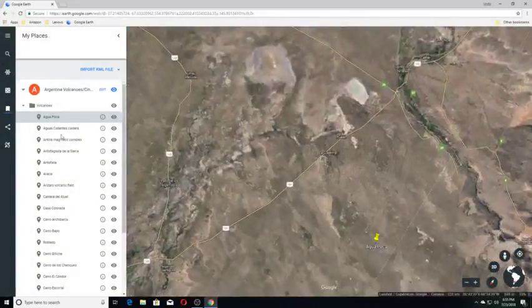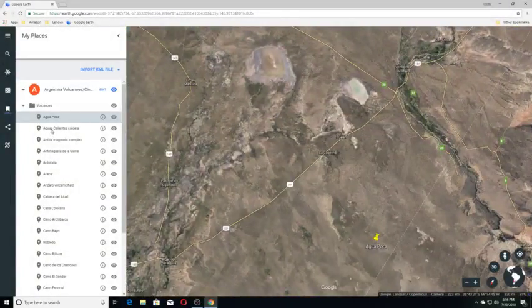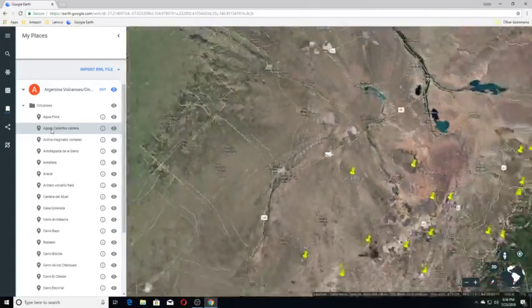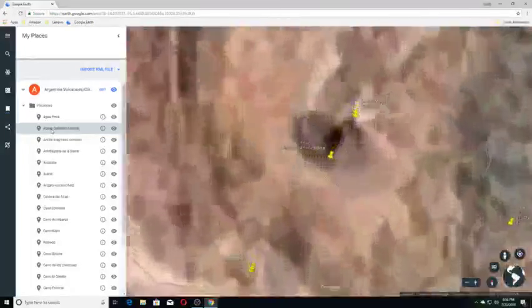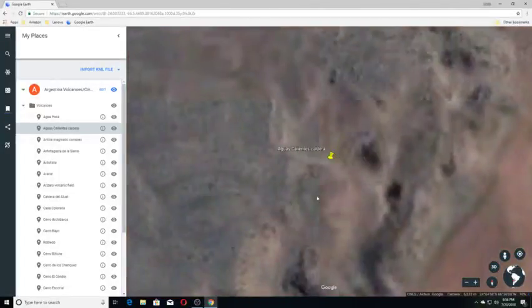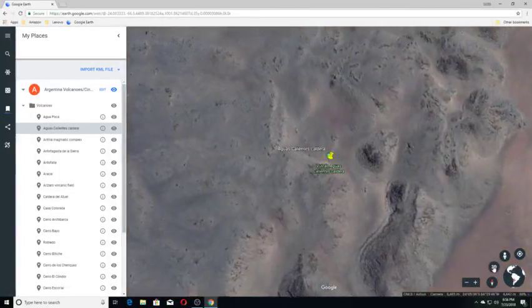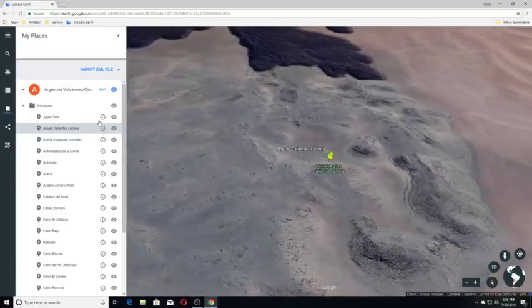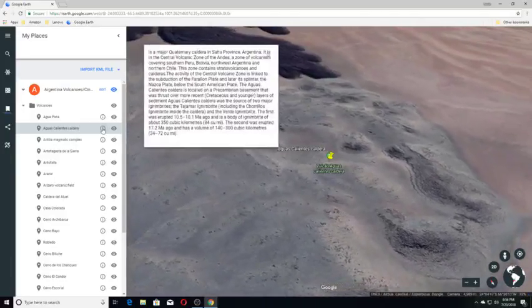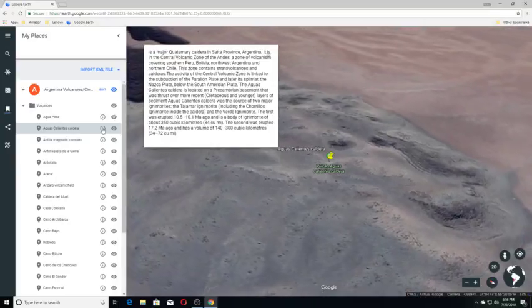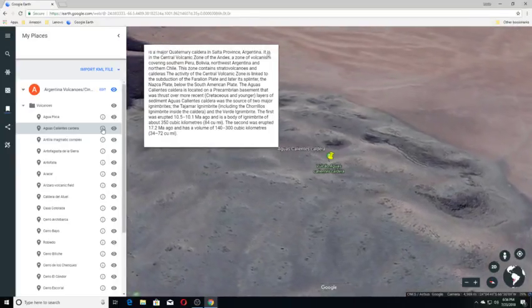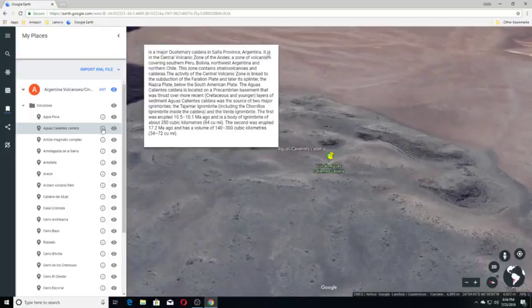Our next one is Aguas Calientes Caldera. And this is a major quaternary caldera in Salta province, Argentina.